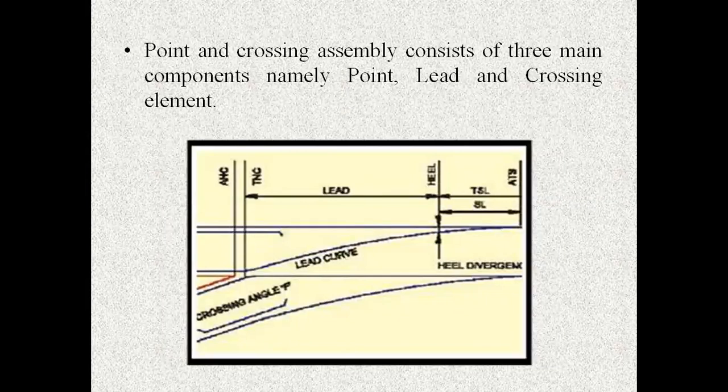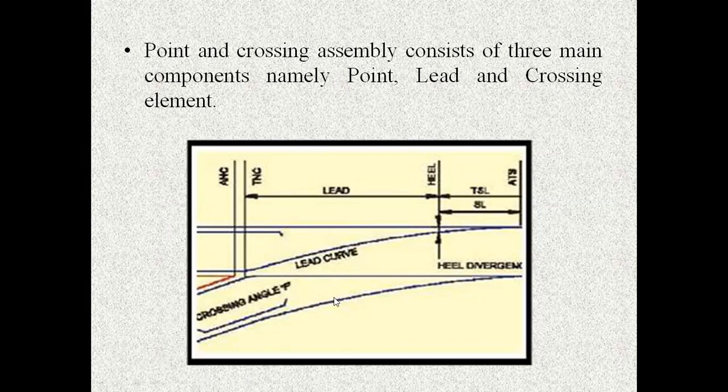Points and crossing assembly consists of three main components, namely the point, the lead, and the crossing element. In this image, you can observe the check rails provided.